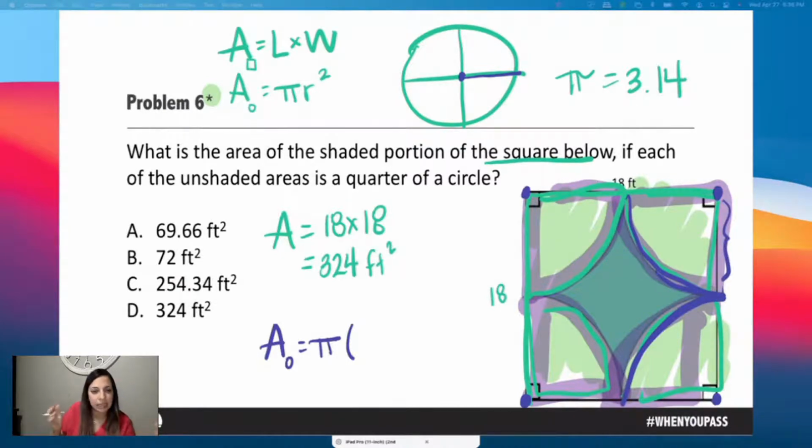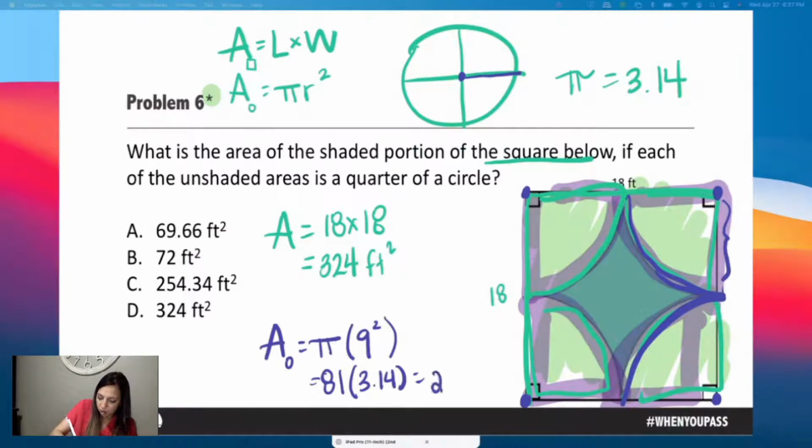So I'm going to take 18 and cut it in half, and it would create 9 squared. So 81 times pi, 3.14, is 254.34.